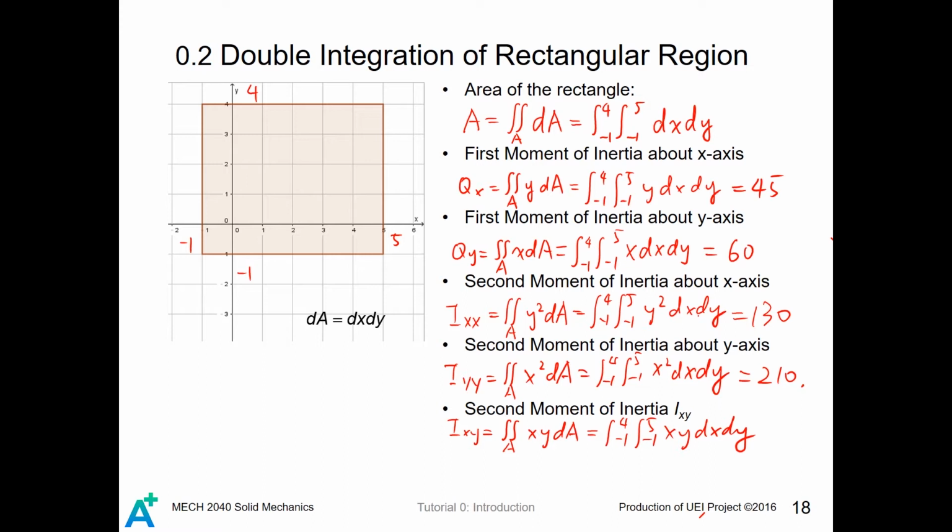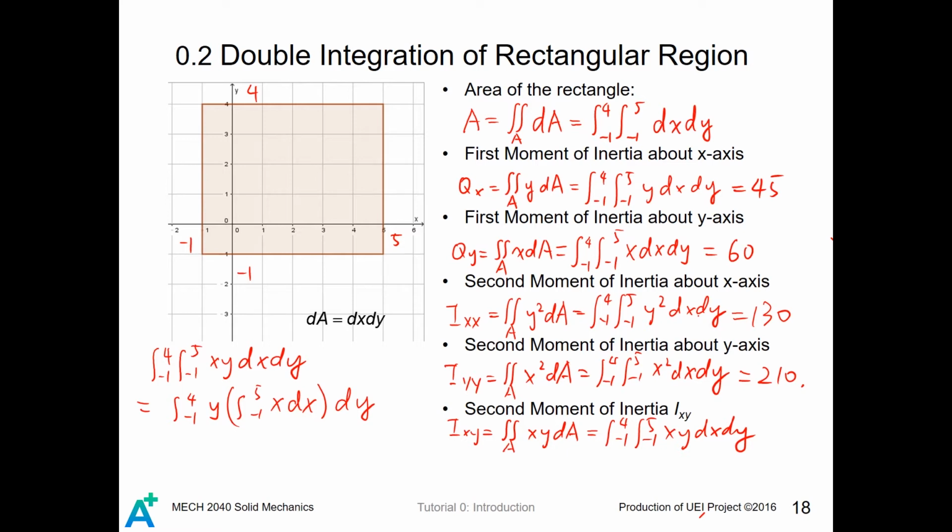There are two variables. Now let's do this. -1 to 4, -1 to 5, xy dx dy. Since the inner integral is integrating with respect to x, y is the constant. Take the y out, and the inner integral becomes the integral from -1 to 5 of x dx. Then you have dy outside.